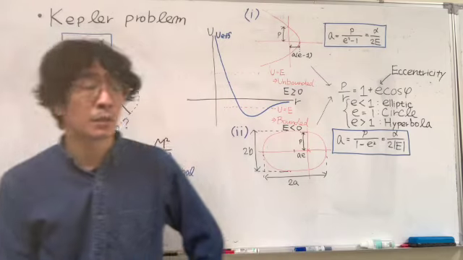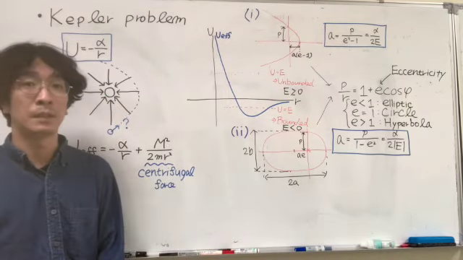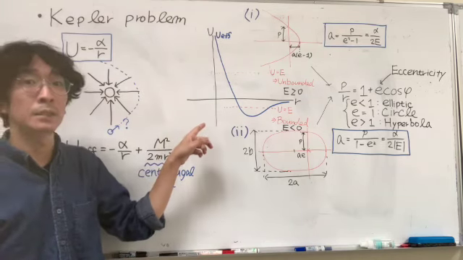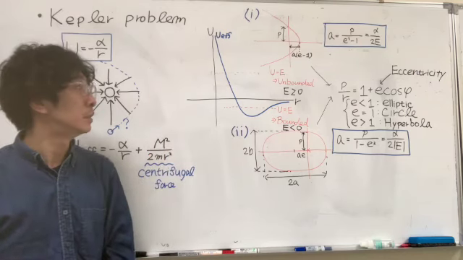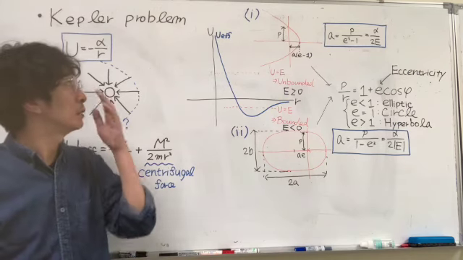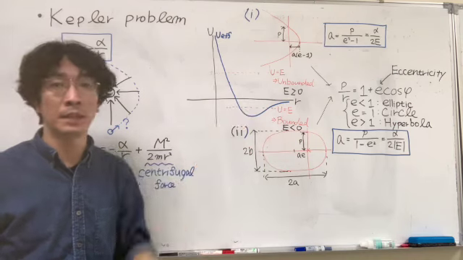Okay, so let's try to describe this effective potential on this plane. The y-axis corresponds to the potential, and the x-axis corresponds to the length from the center. At that time, the effective potential U can be described with this shape.